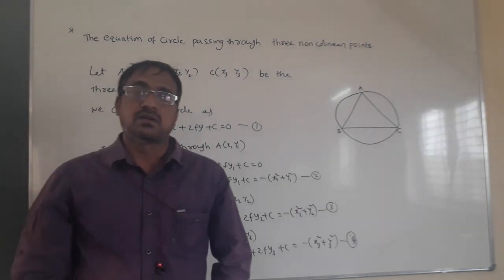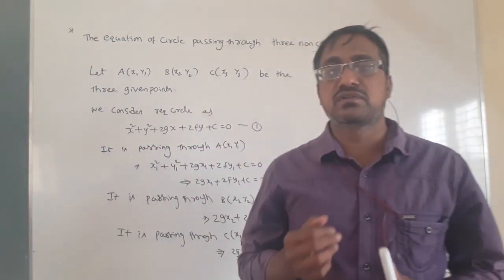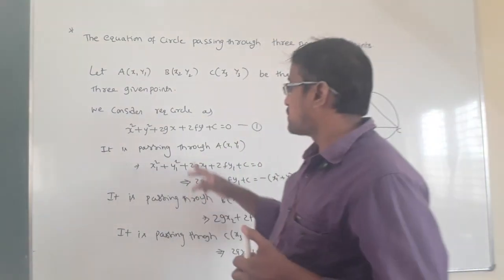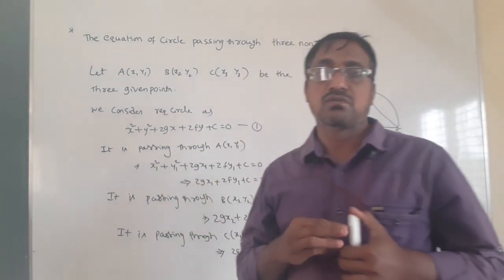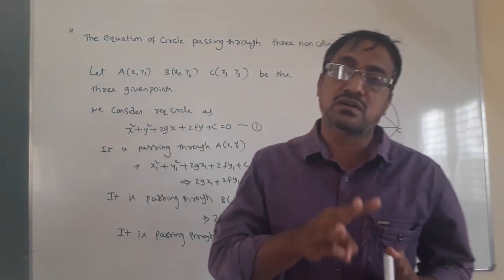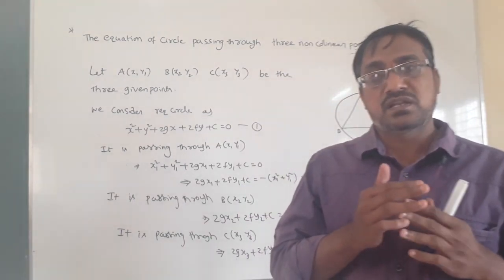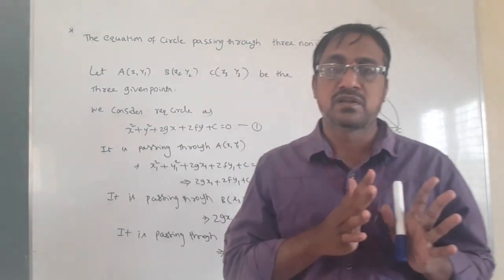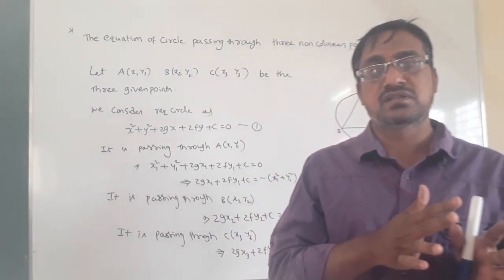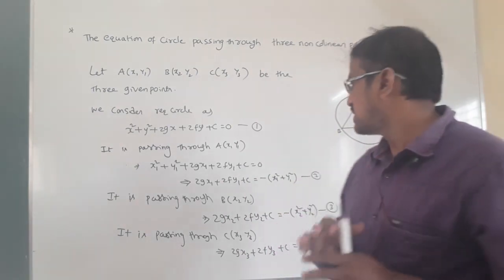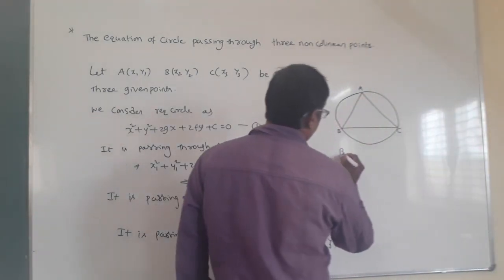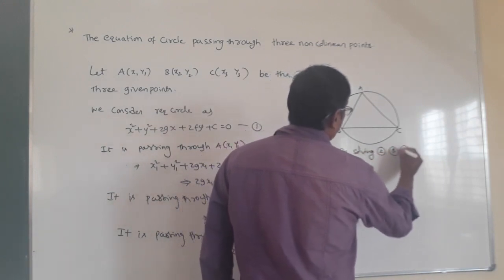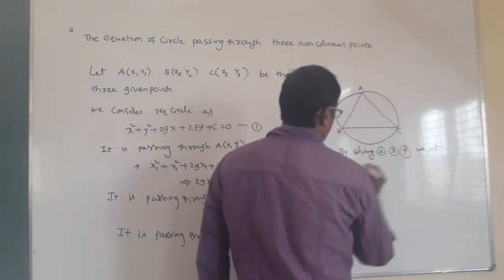Now you have 3 equations, equation 2, equation 3 and equation 4. And clearly you have 3 unknowns, g, f, c. If the number of unknowns and number of equations are equal, you can solve them and find those values g, f, c.